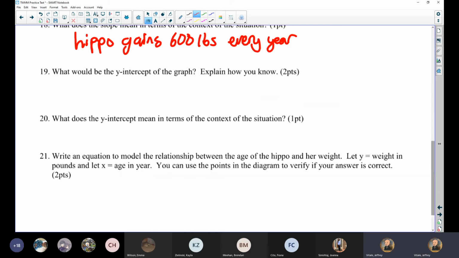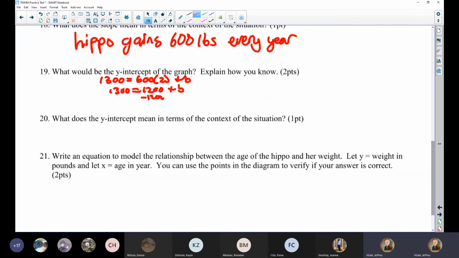Okay, what would be the y-intercept? Well, again, let's pick a point. The smallest point that we're given is 1,300. So we're going to plug 1,300 into y of y equals mx plus b. We're going to plug 600 in for the slope and 2 in for x. And 600 times 2 is 1,200.